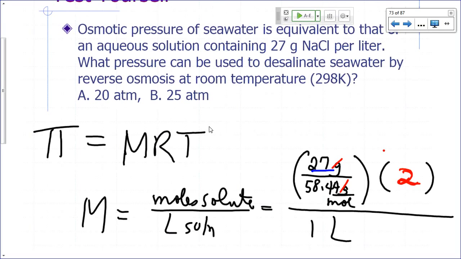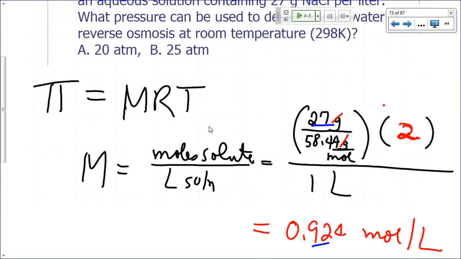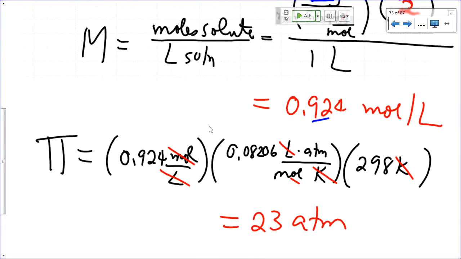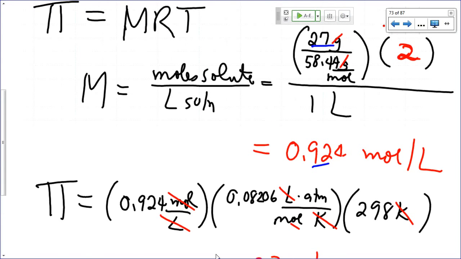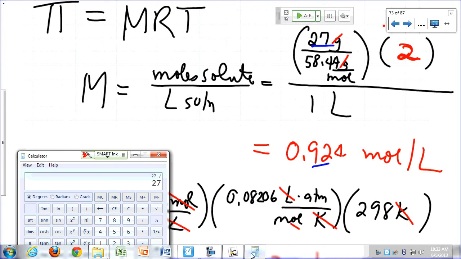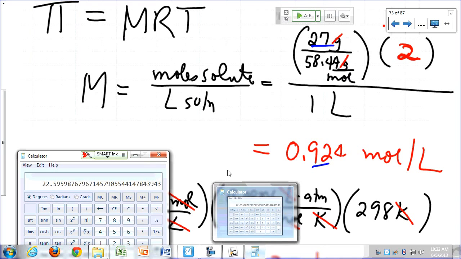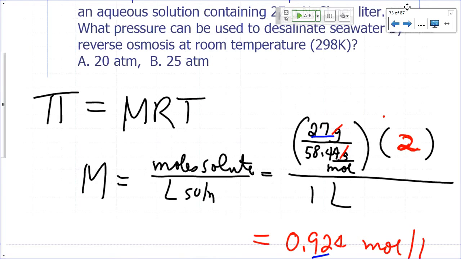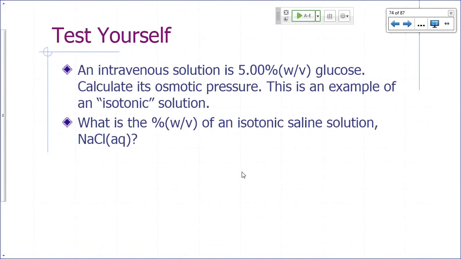I gave the wrong choices, huh? Let me see if I made a mistake in my calculation here. 27 divided by 58.44 times 2, okay, it's 0.924, times 0.08206 times 298, it's 22.6, so about 23 atmospheres.